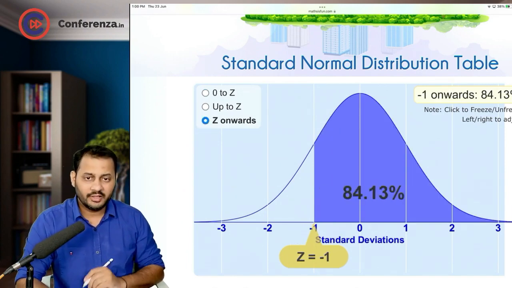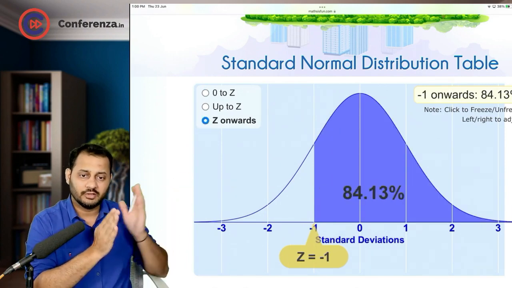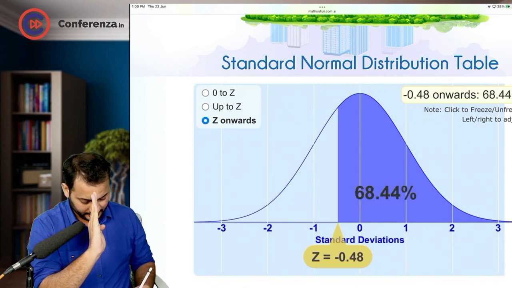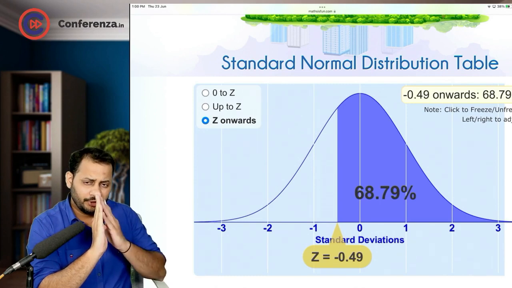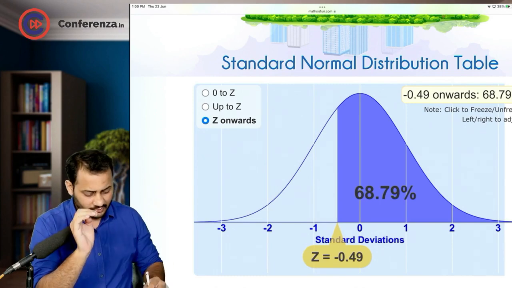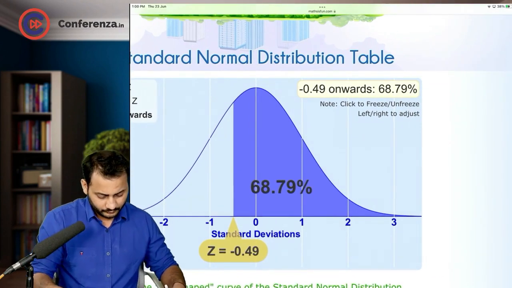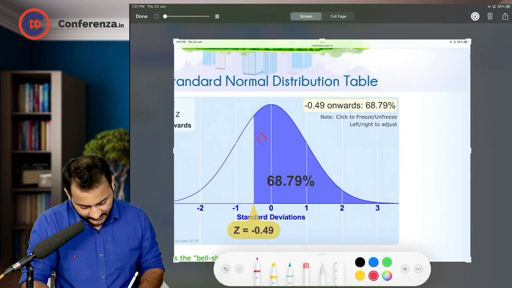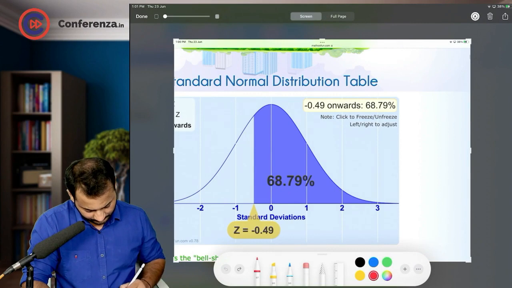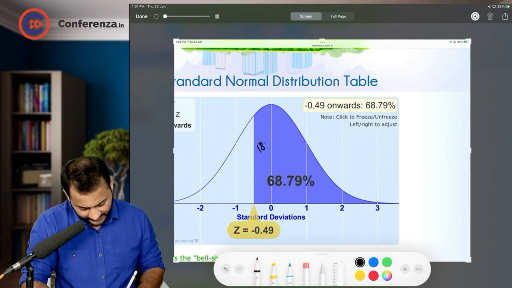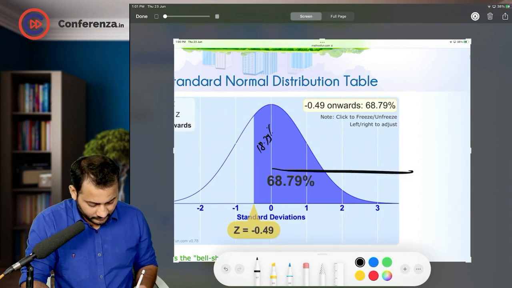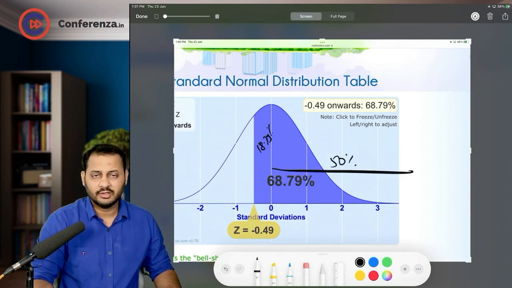But if you take the entire right side from 0.49, and you want to calculate the entire area of the right side, what you will have to do is take this 18.79% and also the rest of the 50% of the right side and add it.